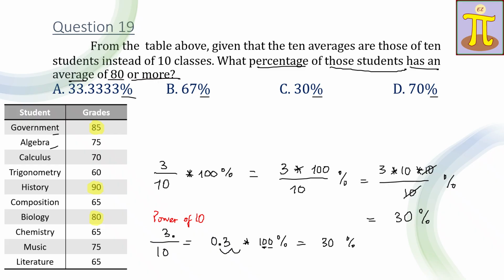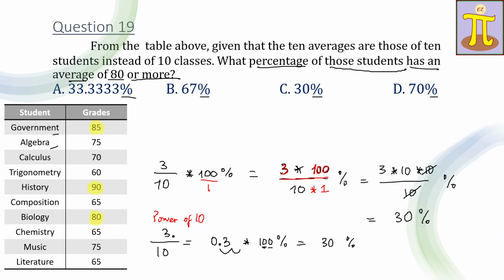For the fractions, anything over 1 is that same thing, and then do the multiplication between fractions. We do top to top, bottom to bottom. Take the top 3, multiply by the second top, 100, divide by the bottom, 10 times the bottom 1.